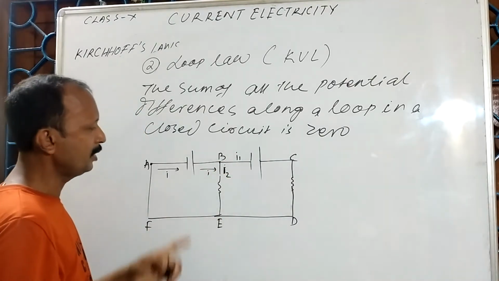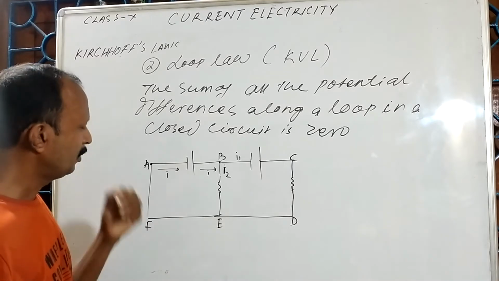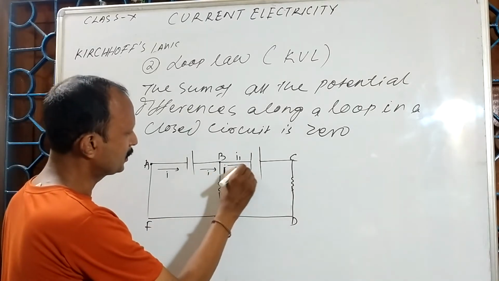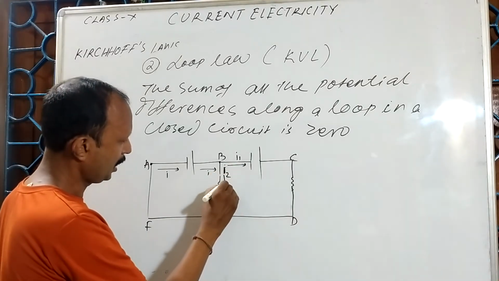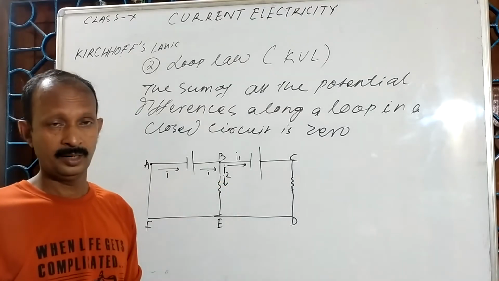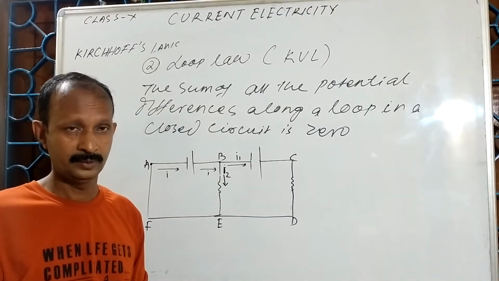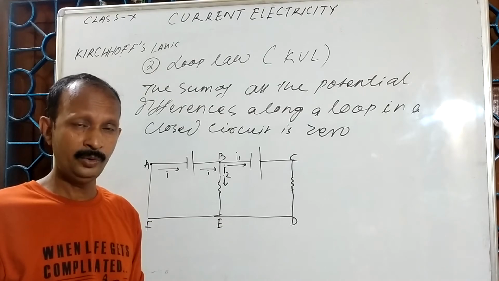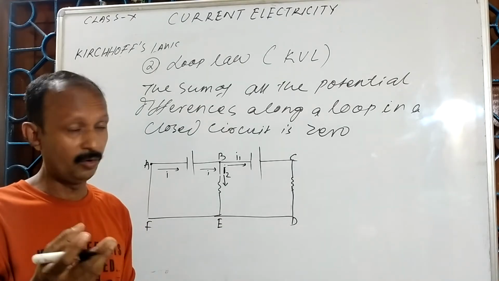Suppose this is I1, this is I2. For example, the current is going like this way and like this way. For example, I am not telling it is correct. Correct or wrong, we can find. How we find, I shall say.